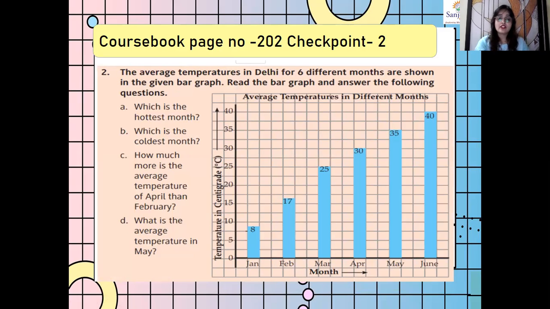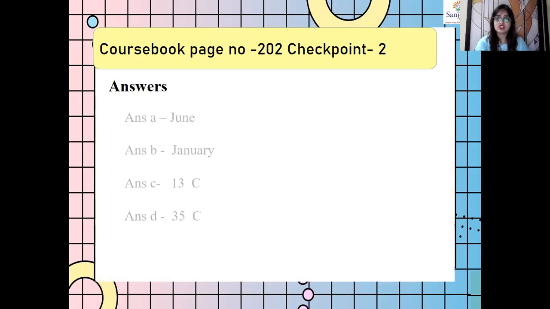Now, what is the average temperature in May? Look at May. It is 35 degrees Celsius. So children, your answers are: A, June; B, January; C, 13 degrees Celsius; D, 35 degrees Celsius.